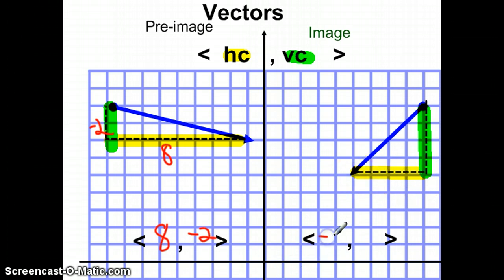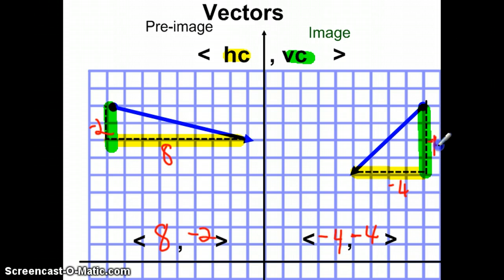So my horizontal component is -4. And my vertical component, if I start from the vertical position of the initial point and go to the vertical position of the terminal point, I have 1, 2, 3, 4. I'm going down 4. So my answer here is, in both cases, -4.